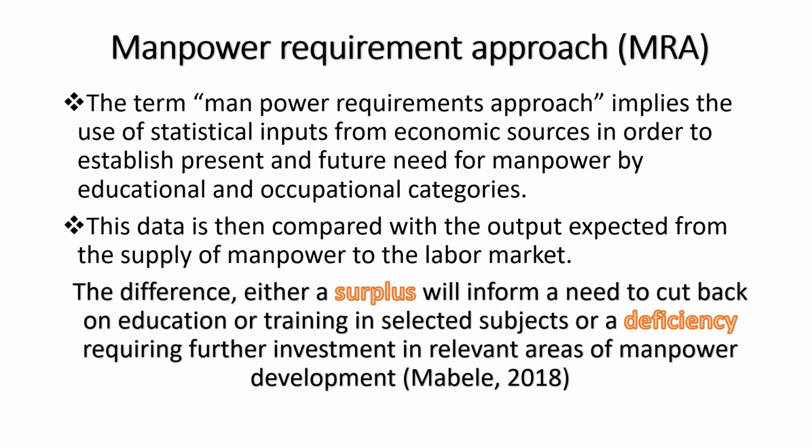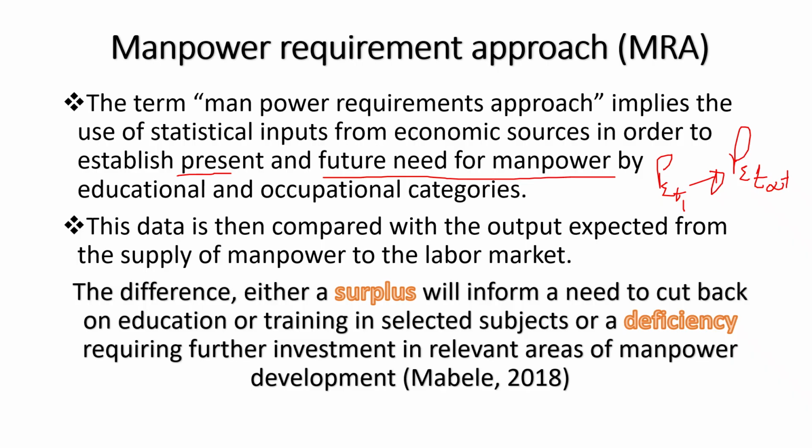With manpower requirement approach, the term implies that the use of statistical input from economic sources is required in order to establish present and future needs of the manpower by educational and occupational categories. In other words, you study a performance of economy today, time one, and then you project it for performance of economy in time in the future.